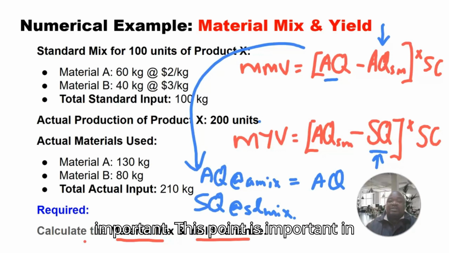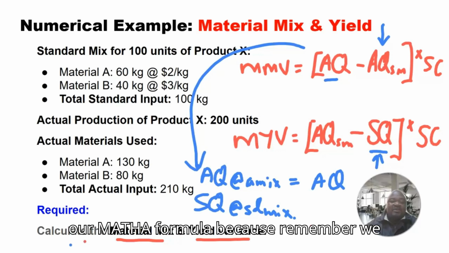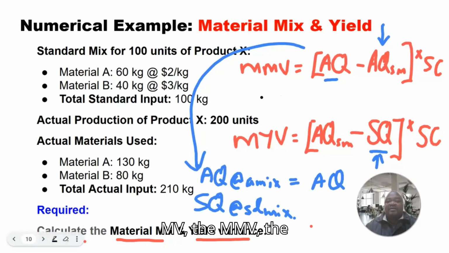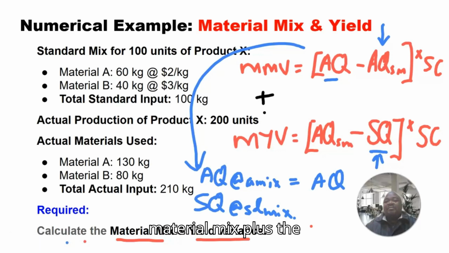This point is important in our math formula, because remember we say that both the MMV, the material mix variance, plus the material yield variance give us the MUV.